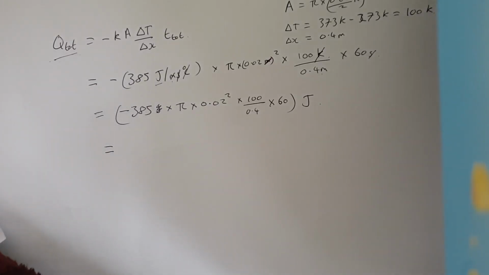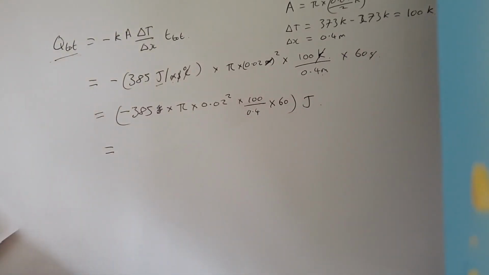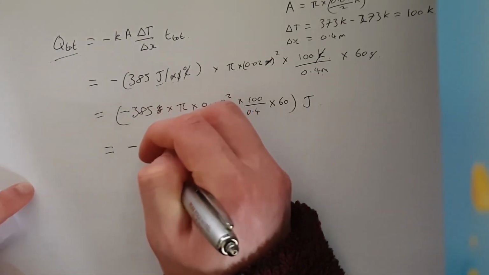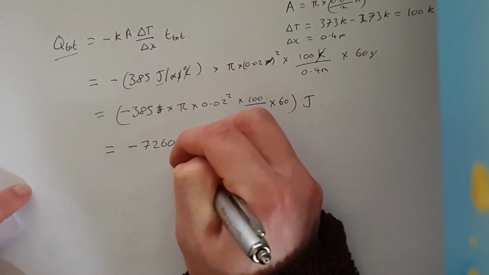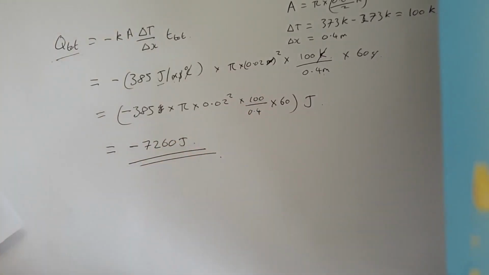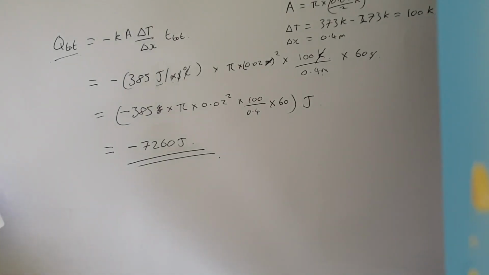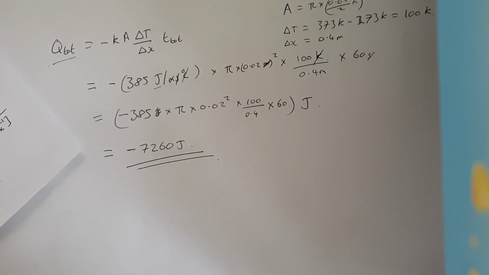So that's minus 385 times pi, times 0.02 times 0.02 times 100 divided by 0.4 times 60. We get minus 7,260 joules. That is what I think the answer is for the amount of heat which was transferred in a minute.